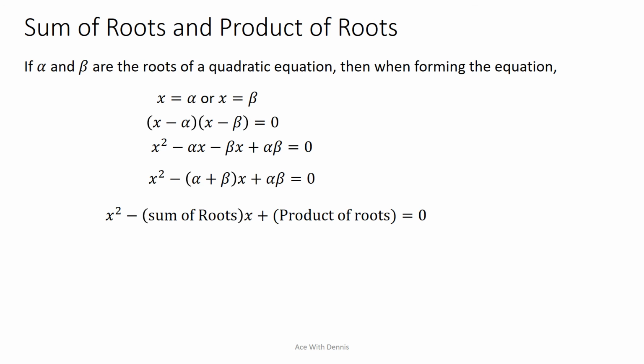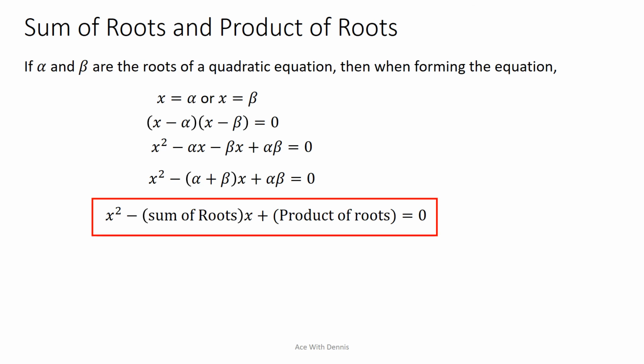We get x squared minus sum of roots x plus product of roots equal to 0. We can use this equation to form the new equation.